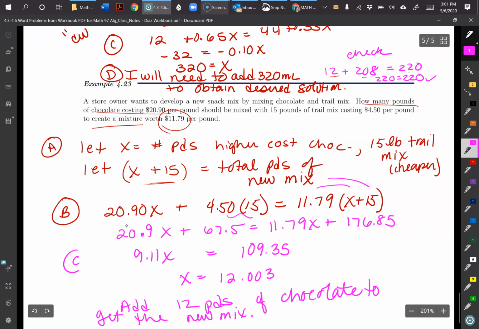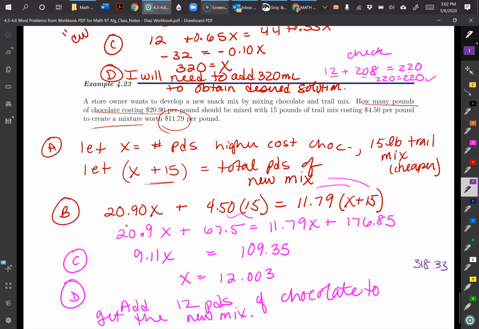And then you could check also and see, like, does that make sense to the problem? That would be 12 plus 15, so I would have a total thing of 27 pounds times 11.79. So that would be, I'm just going to jot down some numbers here. So that would be 318.33 total. And then if I looked at my 15 times 4.50 was 67.50.